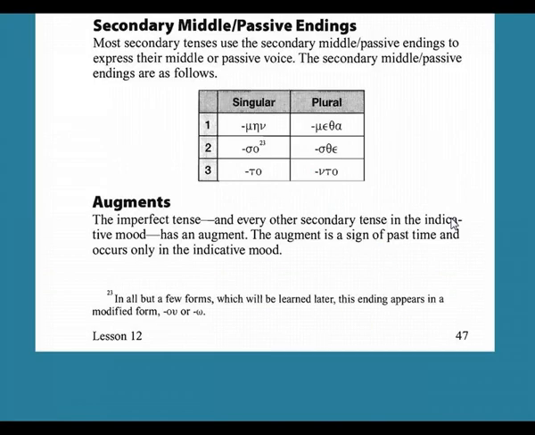The secondary middle passive endings are listed for you here toward the bottom of 47, and they are men, so, to, metha, estha, nto. Notice footnote 23. In all but a few forms, which will be learned later, this ending appears in a modified form as u or o. Okay?